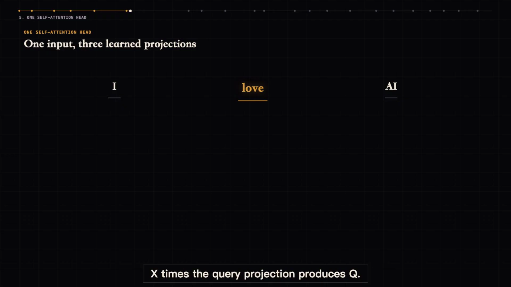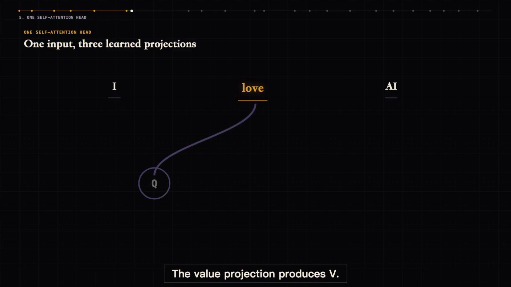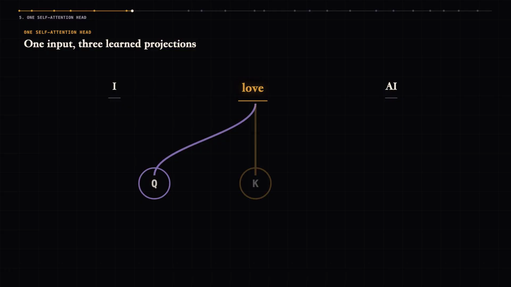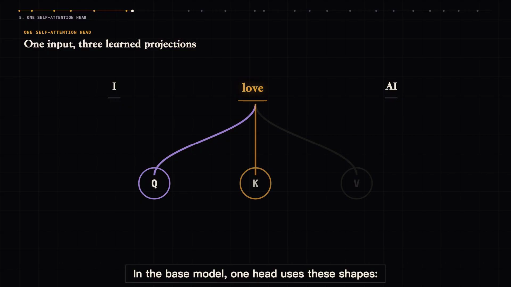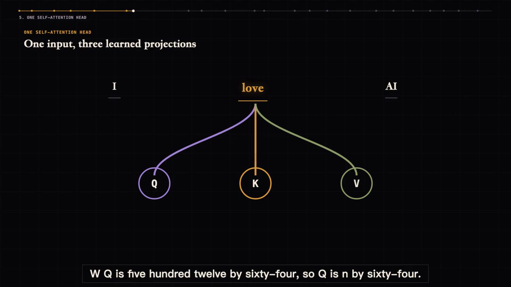X times the query projection produces Q. A second multiplication uses the key projection and produces K. The value projection produces V. In the base model, one head uses these shapes. X is N by 512.